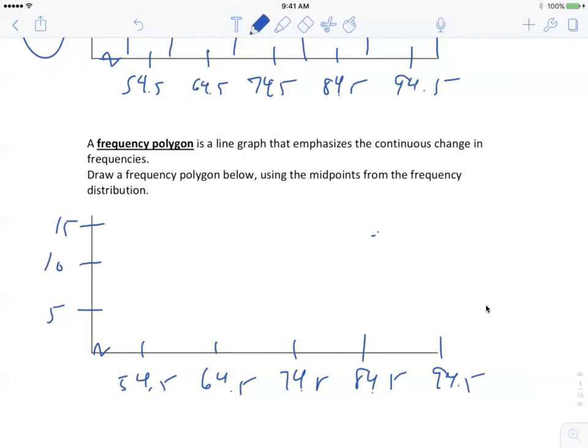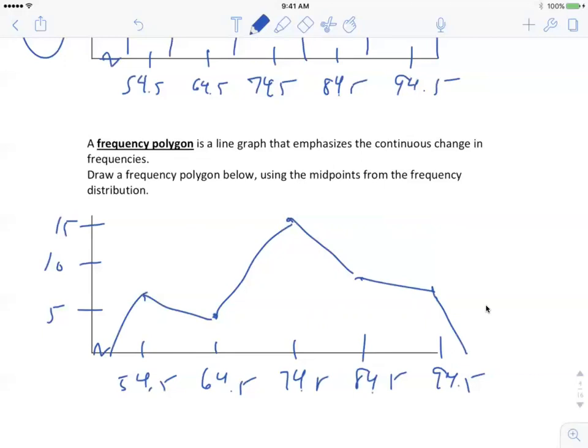So it's 6, 4, 15, 9, 7. And then you're going to draw straight lines connecting those dots. And then they do end because it bottoms out, right? That way and that way.